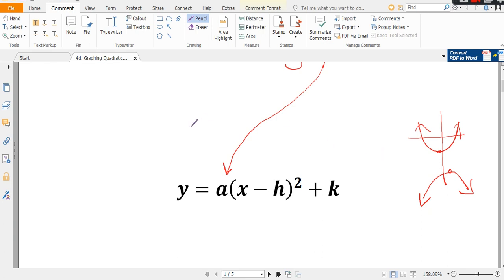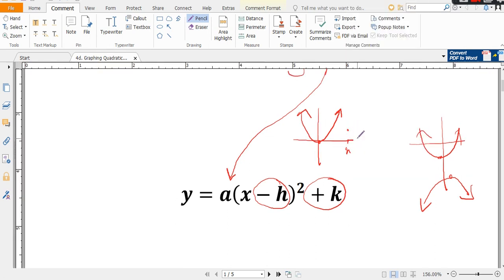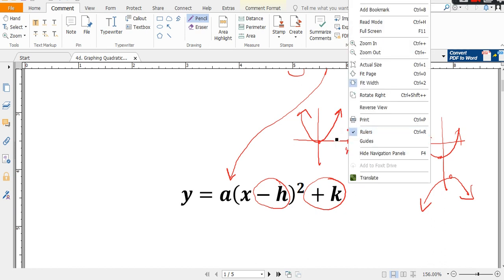Now, if I take a look at the vertex form, if this shifts our graph left and right, and this shifts our graph up and down, then wouldn't it make sense that, let's pretend this is touching the origin? If I were to take this parabola and shift it to the right by h, so let's call this h, and then shift it up by k, then wouldn't this point be h and k?